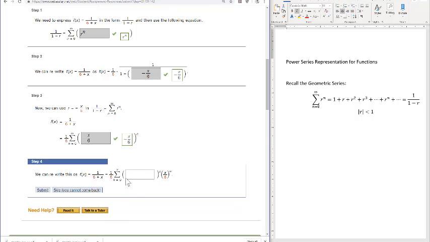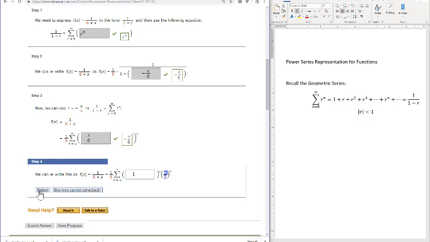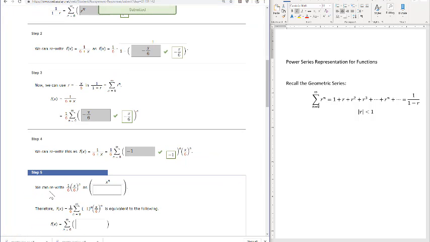So now that we have that, we can separate the negative sign and have that as an alternating series, and then we just have an x over 6. And then now we can rewrite our series as 1 over 6 times x over 6 to the nth power.